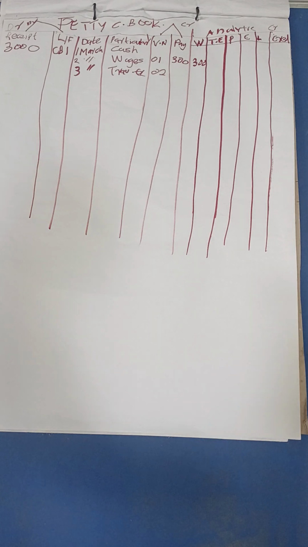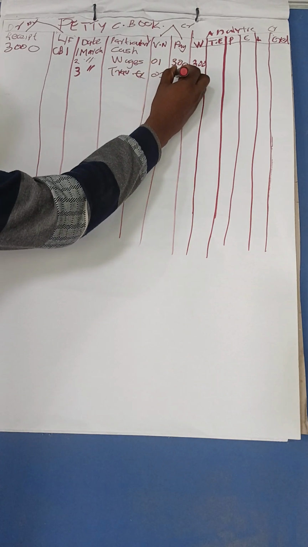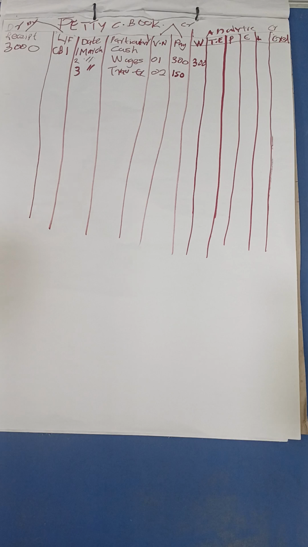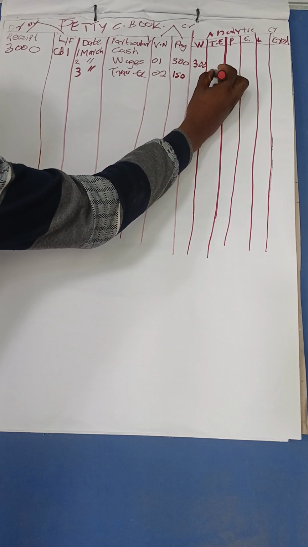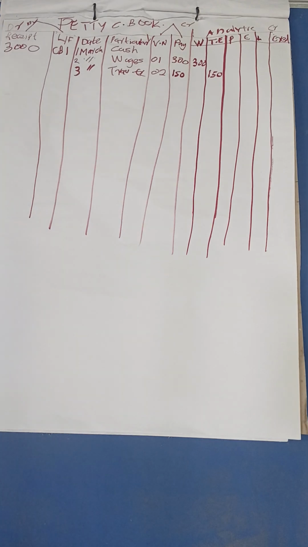We record as it happens on a daily basis. Good. So we make a payment of 150 for traveling expense, and you extend that 150 under the traveling expense column.